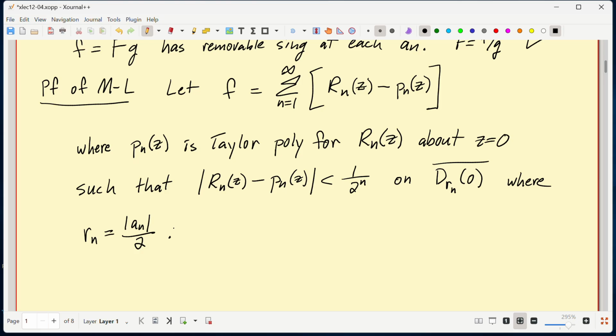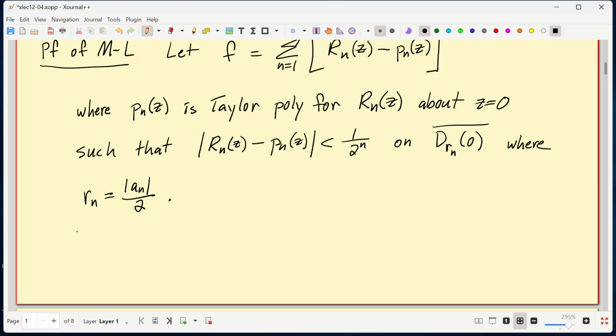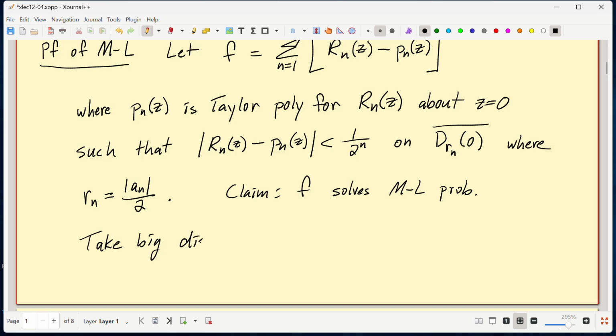Well, the claim is that this F works. F solves the Mittag-Leffler problem. And so the proof is going to be a snap. Let's take a big R. Take a big disk, dr about 0.